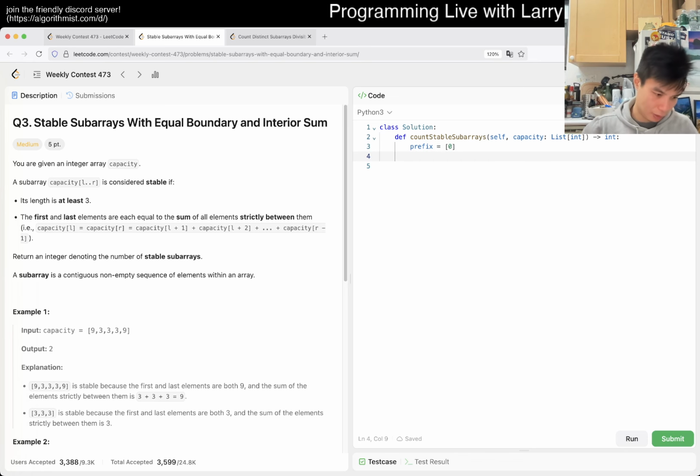So if the current number is x, that means that the sum of the prefix is some t, I guess you don't really know. But that means that we want this to be equal to x, and then this is equal to x, right?